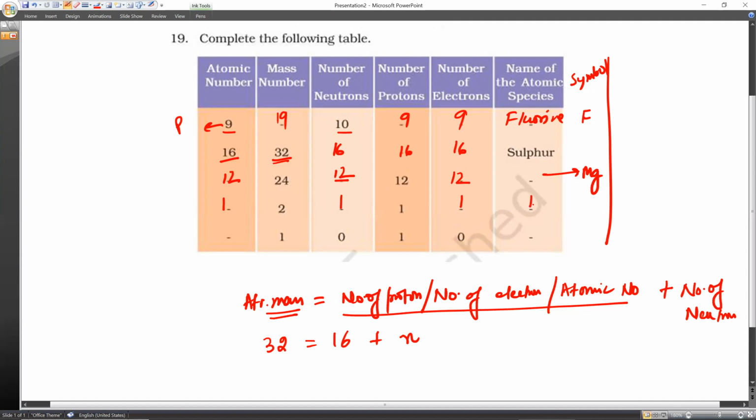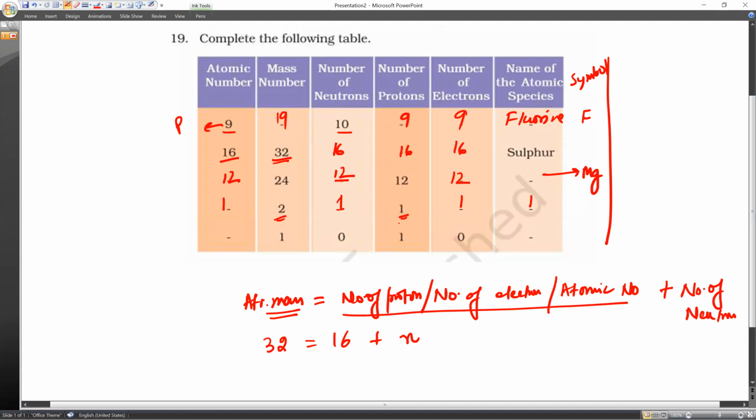Sir, then the number of neutrons will be 2, right? How 1? Mass number is 2, atomic number is 1. I'm saying number of neutrons. It will be 1 because proton plus neutron gives mass number, and atomic number is 1. It is saying 1 proton and mass number is 2, so there must be 1 neutron there. That's why it is 1.